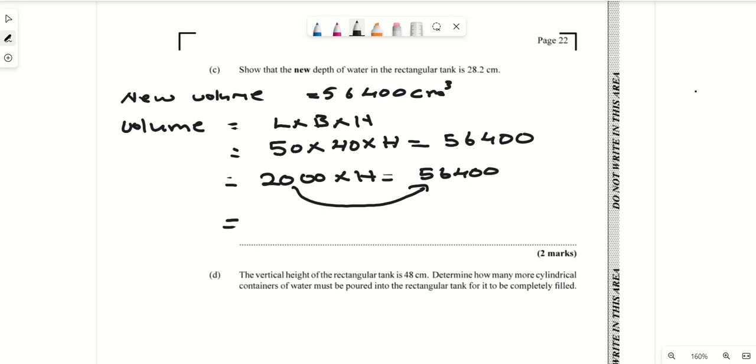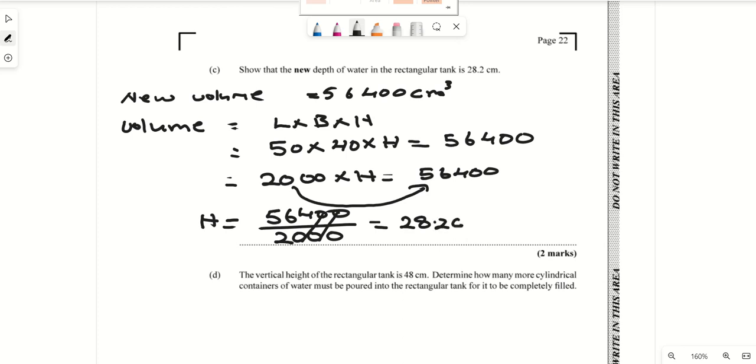My height is equal to 56,400 divided by 2,000. When we do this on the calculator, you will get 28.2 centimeters, and that is how you would show that your new depth is 28.2.